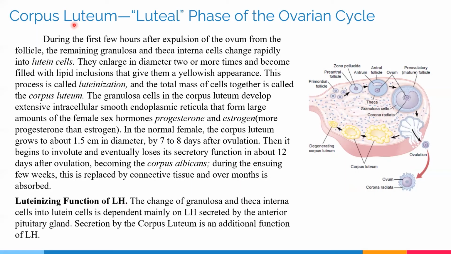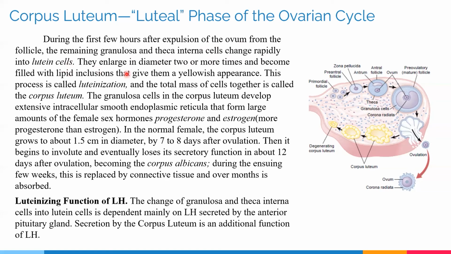Next, let us look at corpus luteum and the luteal phase of the ovarian cycle. During the first few hours after the expulsion of the ovum from the follicle, the remaining granulosa and the theca interna cells change rapidly into lutein cells.